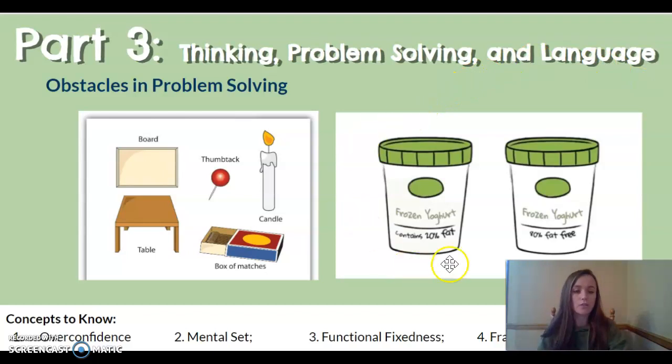If this packaging says frozen yogurt contains 20% fat, and this one says it's 80% fat free, you would likely choose the 80% fat free because that sounds really positive, where contains 20% fat sounds really negative, when in actuality it's advertising the same thing, but framing influenced your decision.